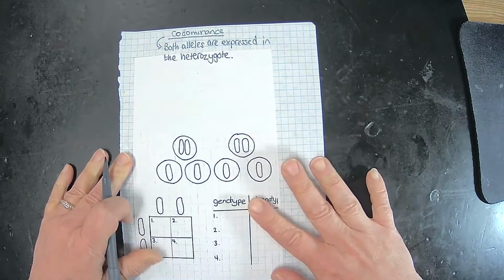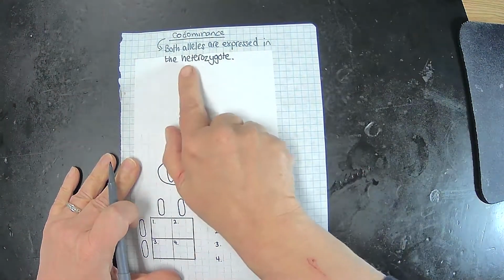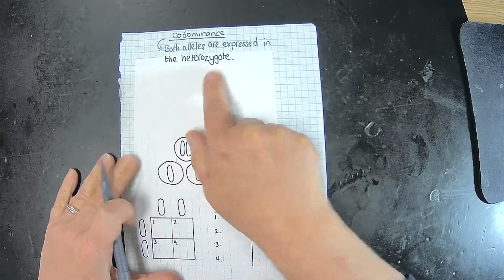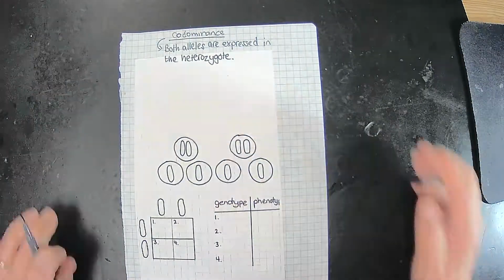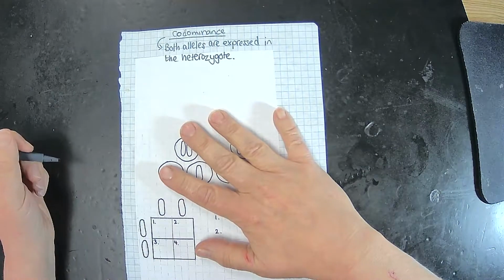Both alleles are expressed in the heterozygote. So hetero means different. So heterozygote is just another way to say the heterozygous genotype. So let me give you an example.